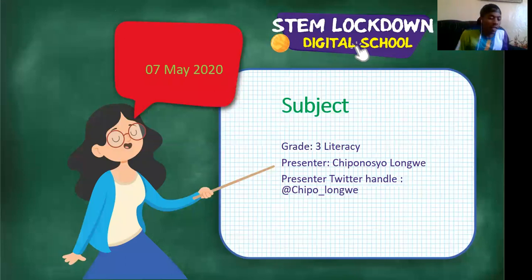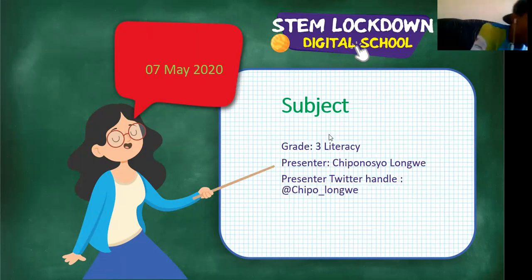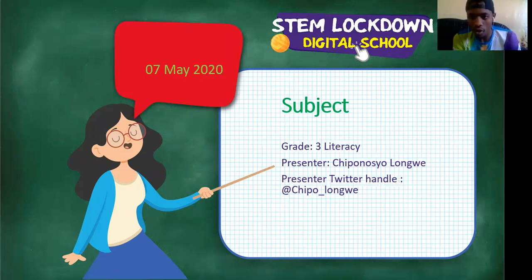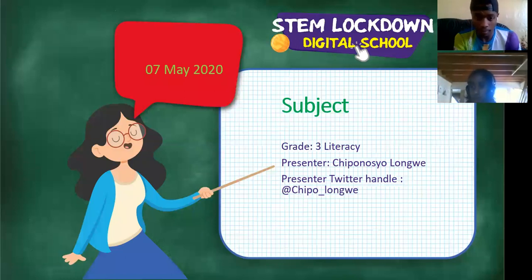Hello, everyone. It is 12 o'clock now. We're just waiting for a few more people to get inside and then we will start. Do not be worried that we have not started yet. It is 12 o'clock and we are starting.